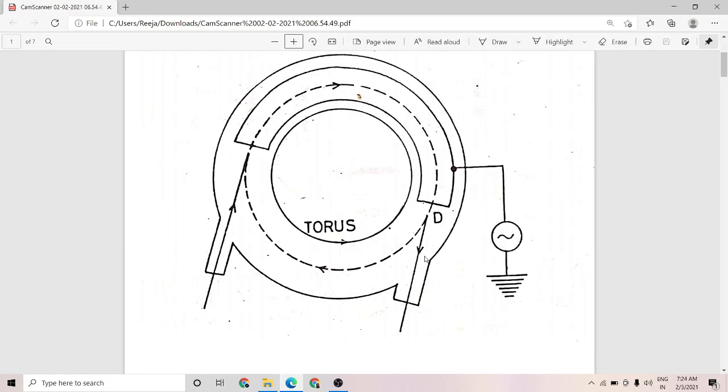It's in the shape of a torus made of glass or plastic with a semicircular D made of a metal. An alternating potential is applied to this D and the magnetic field is applied perpendicular to the torus. The magnetic field is a varying magnetic field.